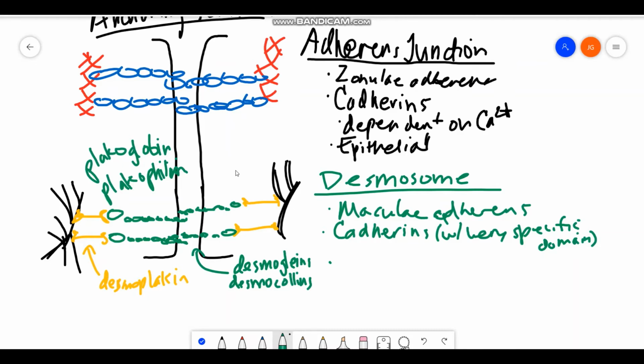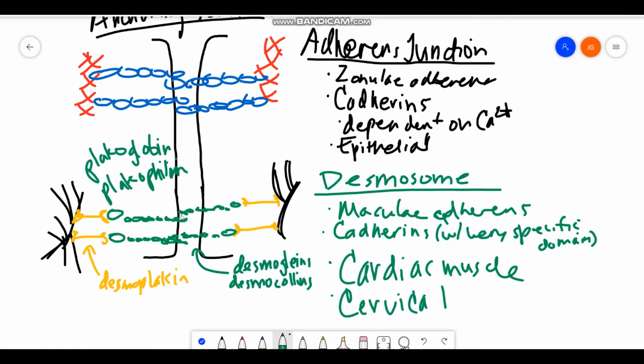So things like cardiac muscle, that's going to be very desmosome rich. Your heart keeps on beating, and it would be nice to have these desmosomes holding those cells together. You're also going to have them in the lining of the cervix, cervical tissue, which is subjected to a lot of stress during childbirth.